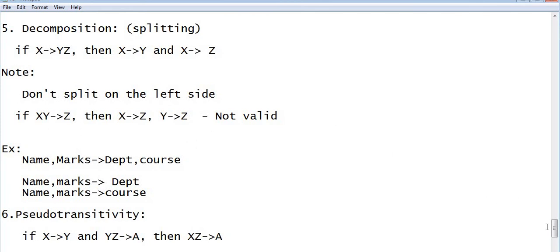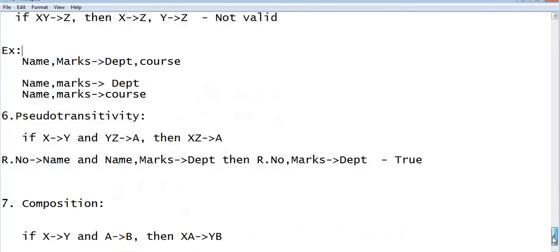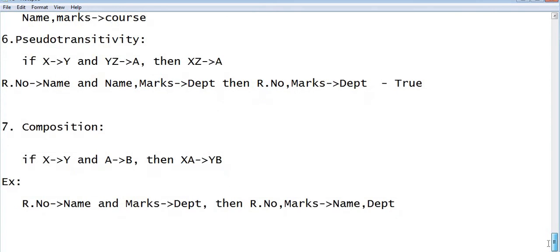The next property is called the pseudo-transitivity property. If X determines Y and YZ determines A, then XZ determines A. So what is the pseudo-transitivity property?